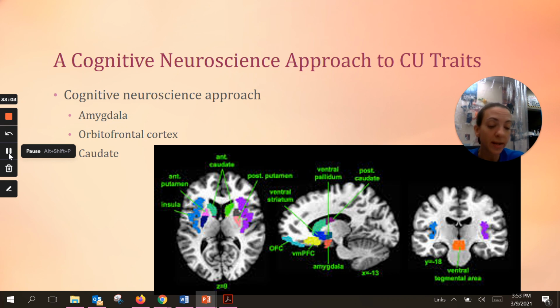Those with CU traits show dysfunctional caudate signaling of both types of errors. Prediction signaling is important for rapid learning, and it may exacerbate problems with deficits in stimulus reinforcement that's caused by the amygdala. So those two areas have a cyclical effect on each other, where one causes a problem in the other, which then causes a problem in the other.